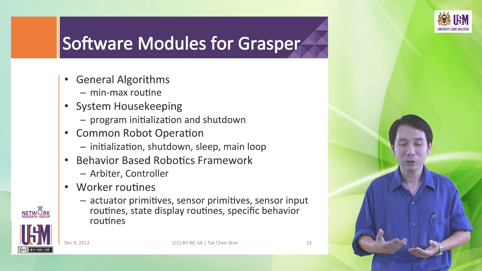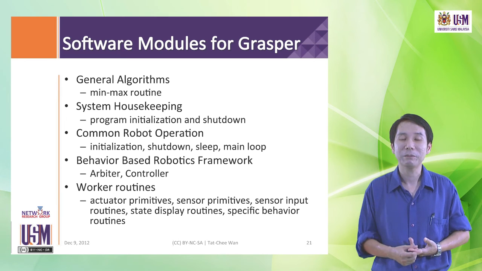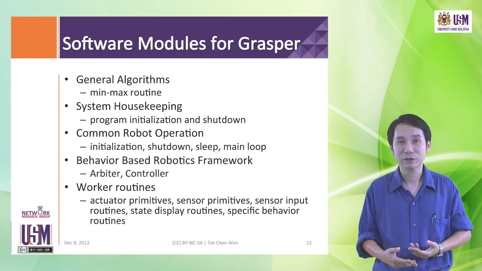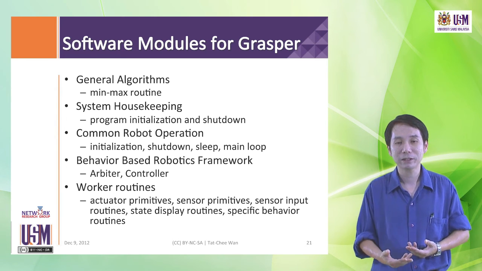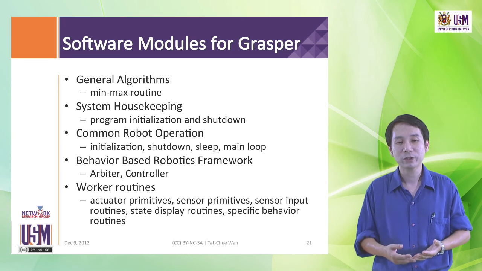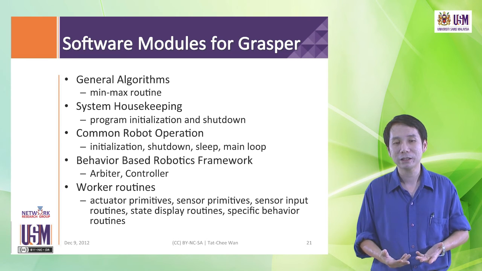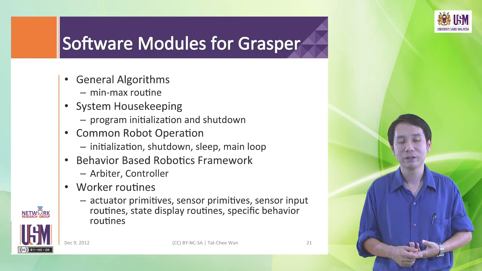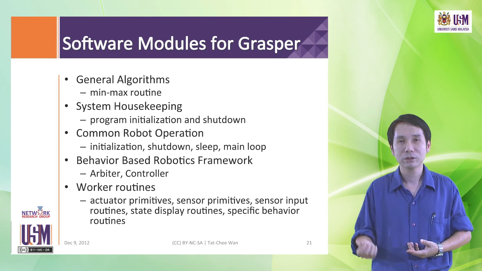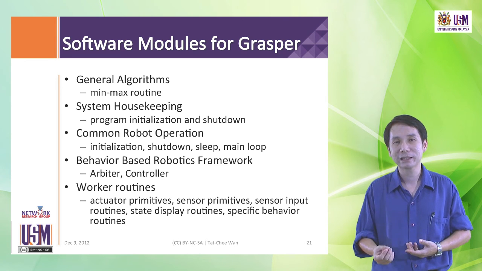Next, the more important to us is the Behavior-Based Robotics Framework routines such as the Arbiter and Controller, which control the execution of the various behaviors and programming of the actuators such as the motors. Finally, the worker routines, which are the robot-specific routines such as actuator primitives, whether to turn on the motor, to go left, go right, to open the claws and close the claws, and so on for actuators.